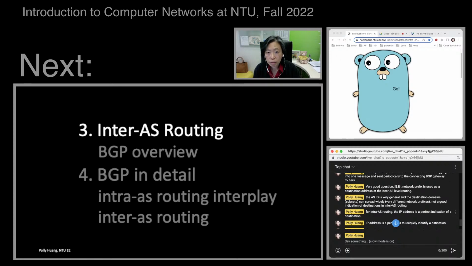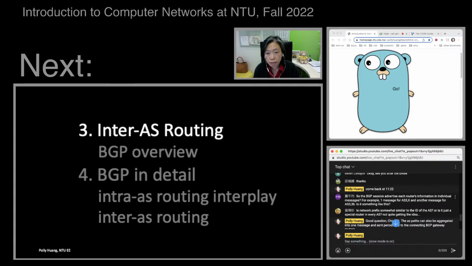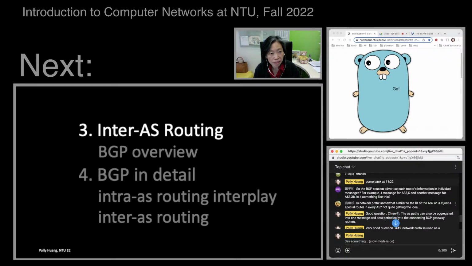Yeah, so there were a couple questions during the break. Tindy was asking whether the BGP session advertises each router's AS path information in individual messages. I think it depends a little bit.